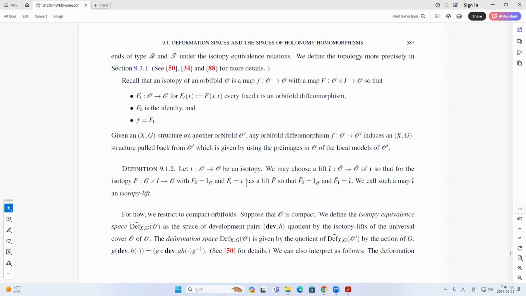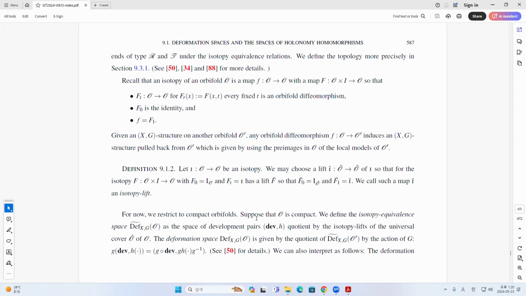Also, if there is an isotopy, we can lift this to O tilde so that the lift at 0 is the identity and the lift at 1 is the lift of I. Sorry, this should be 1 here. So we call this I tilde the isotopy lift.